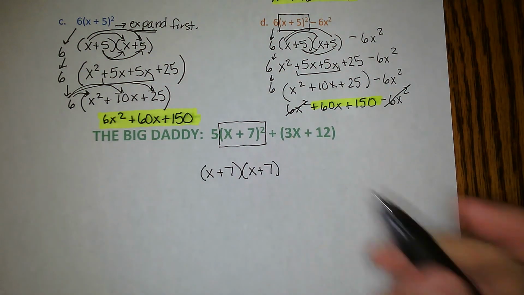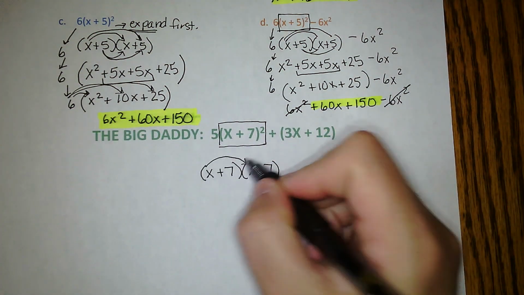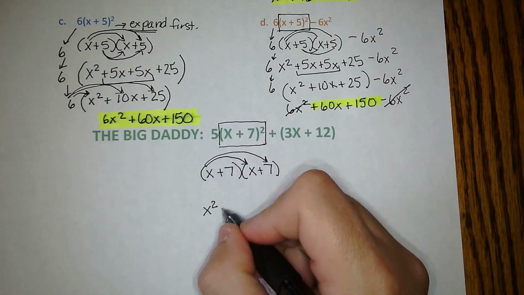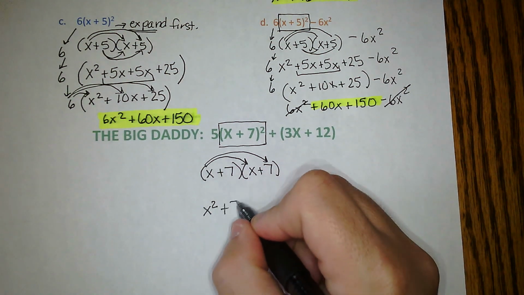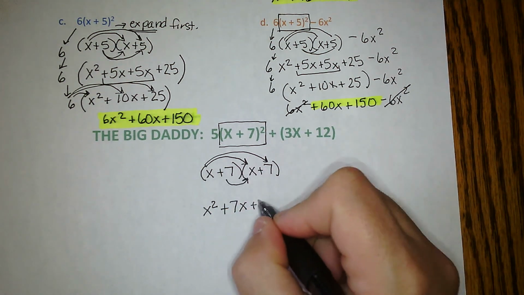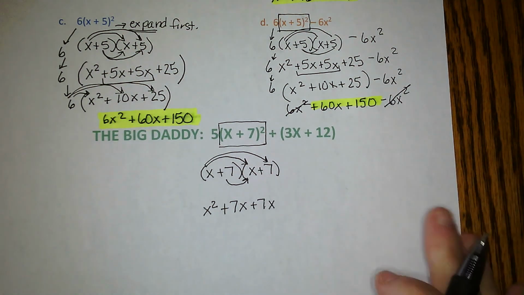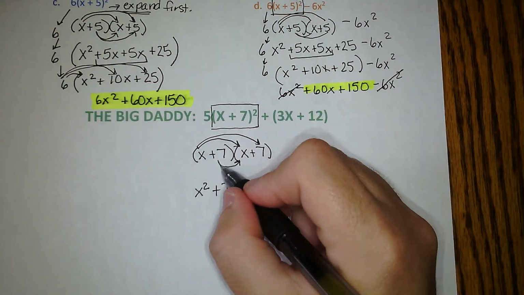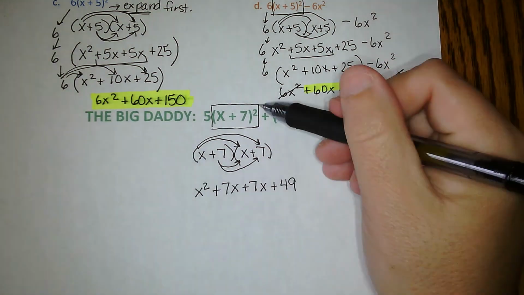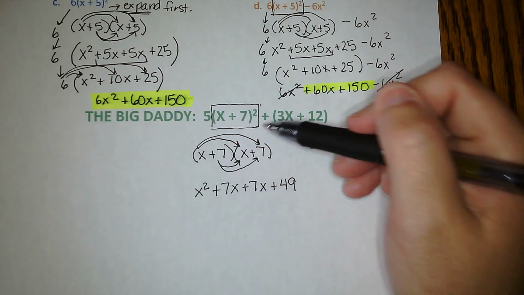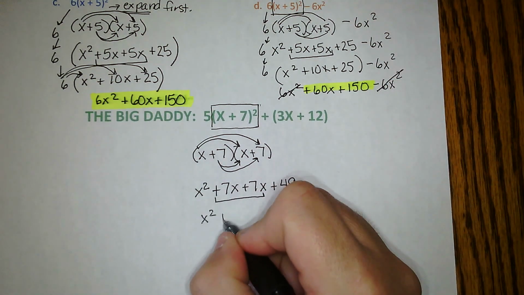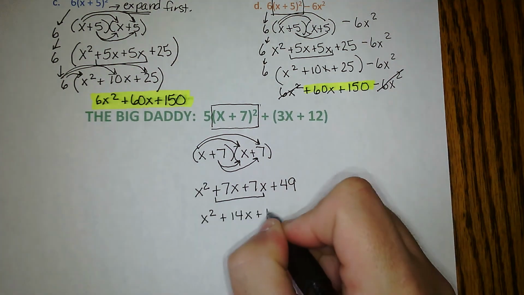So you're going to distribute x times x, x times positive 7, go under, positive 7 times x is 7x, and then 7 times 7, positive 49. That's just this part expanded. We're going to combine our like terms, and that's going to give us x squared plus 14x plus 49.